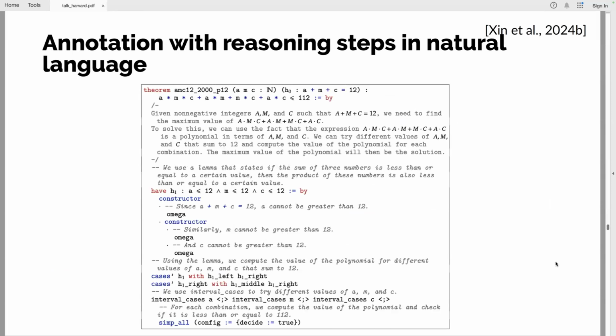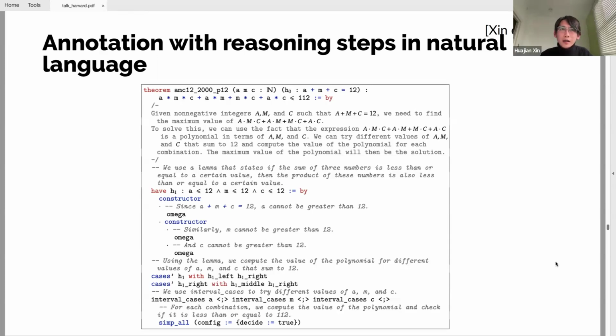Like here, since a plus m plus c equals 12, you could break down the proofs into smaller pieces so that Lean unification needs to do less work. That's what I would do if I wanted type checking to go faster for this kind of thing. Yes, it's a very good question.